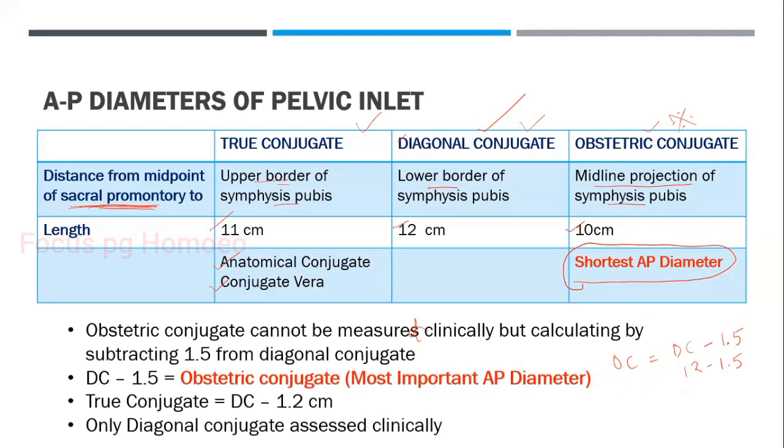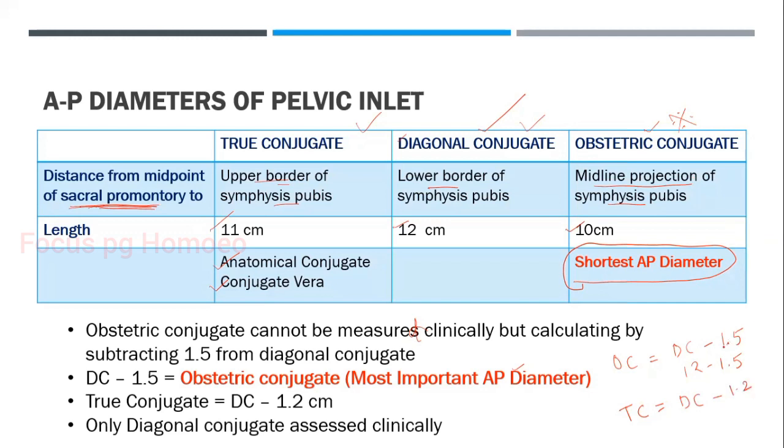This is the most important antero-posterior diameter, the obstetric conjugate. This can be a question: which is the most important antero-posterior diameter? It is the obstetric conjugate. And which is the shortest antero-posterior diameter? It is the obstetric conjugate. Now, how to calculate the true conjugate? Because you can get the value of the diagonal conjugate on clinical examination, you take the diagonal conjugate minus 1.2.